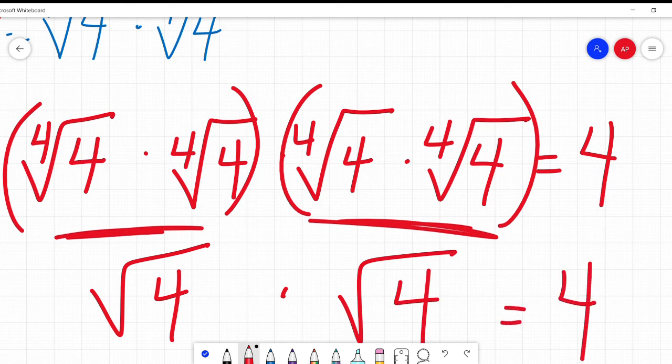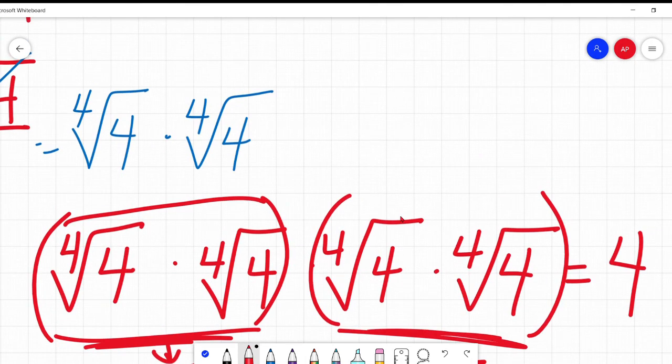Anytime we have matching pairs, if we factor something or we have roots and we have identical sets of matching pairs and it's 2, then each of those matching sets is a square root of that number. So square root of 4 times square root of 4 equals 4. So we've shown here that the 4th root of 4 times the 4th root of 4 is the square root of 4. So this is equal to the square root of 4.